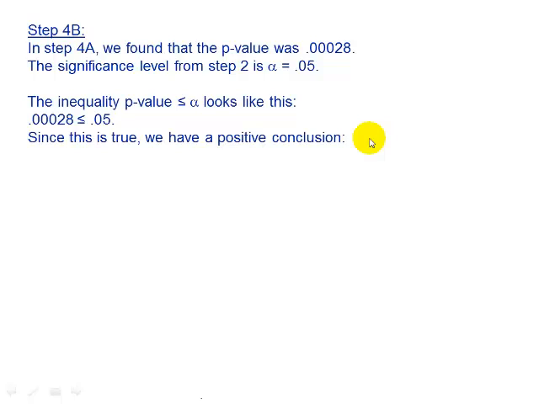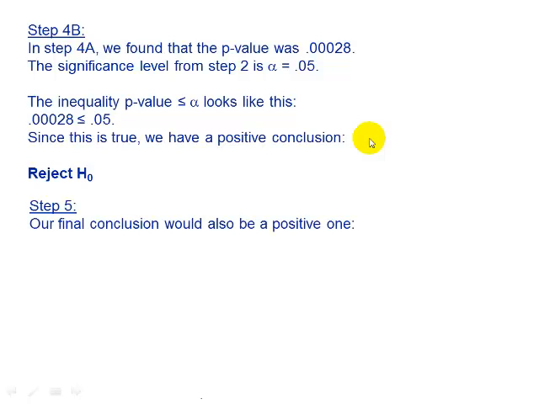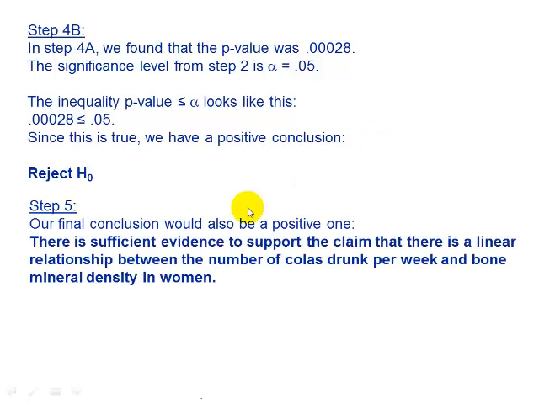So we're going to have a positive conclusion, which is reject the null hypothesis. For step 5, we'll also have a positive conclusion, and we just write it out in a sentence. So we would say there is sufficient evidence to support the claim that there's a linear relationship between the number of colas drunk per week and bone mineral density in women.